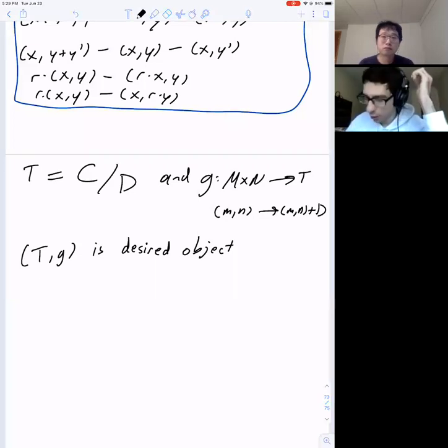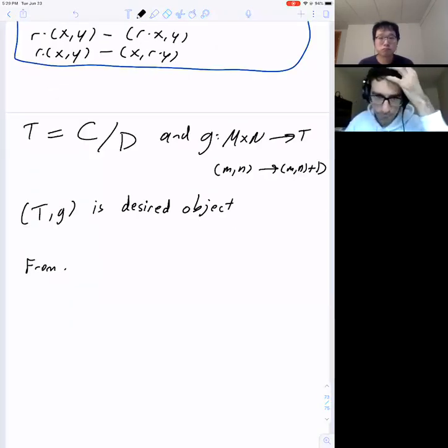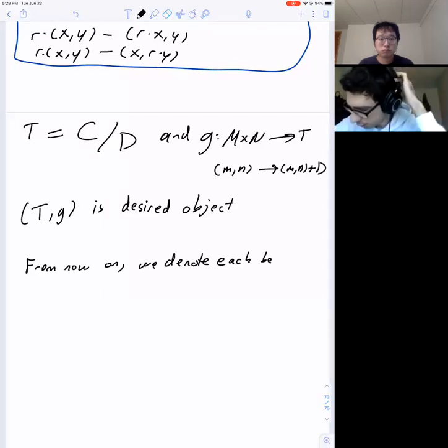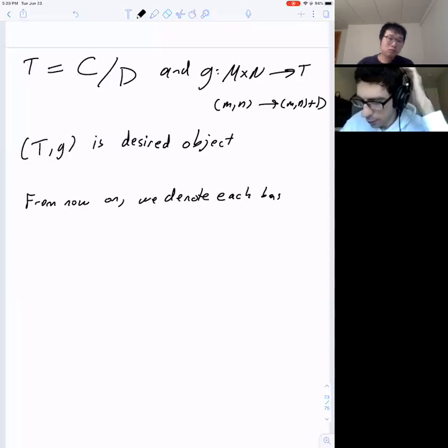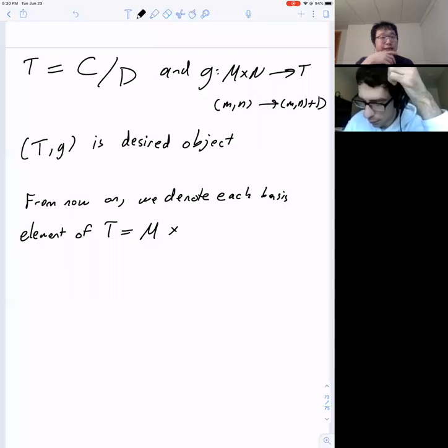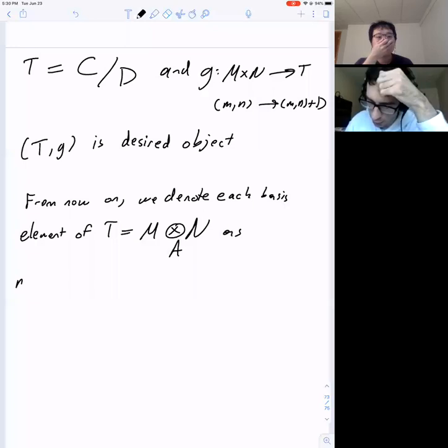So from now on, it's ugly to always call T to be C mod D. From now on, we denote each basis element of T, which I'll call M tensor N mod A, as, let's say, M tensor_A N.